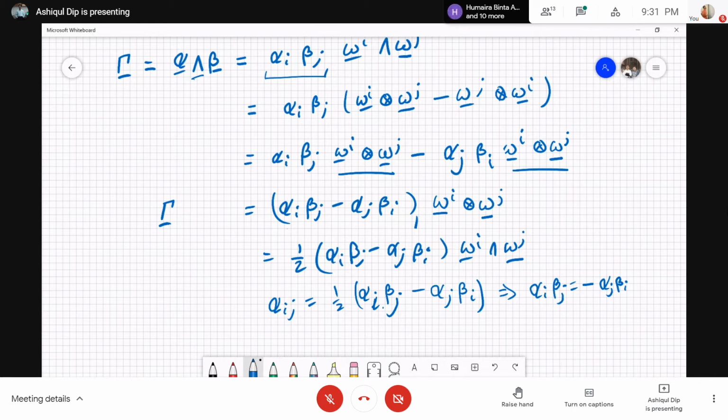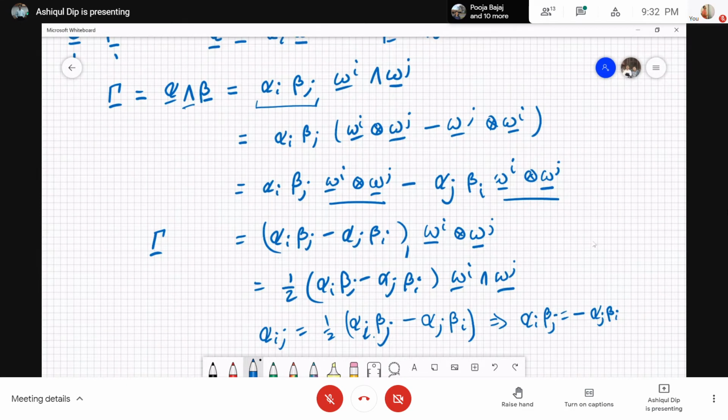They can be anything, but when you are taking alpha 1 beta 1, that's going to vanish. So just remember, you do not have just alpha i beta j. You have this part as well. The product that creates something else apart from that antisymmetry is going to be killed by this term.